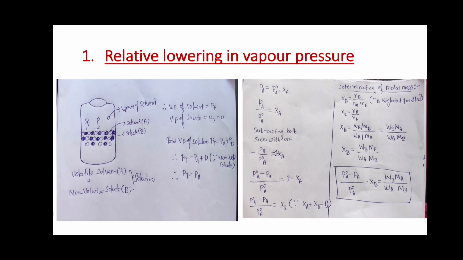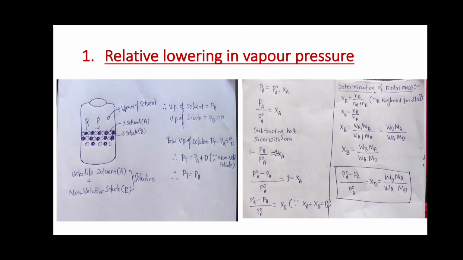Lowering in vapor pressure depends upon the non-volatile solute particles which we add. Adding non-volatile solute to the solution lowers the vapor pressure of the solution, because in a closed container with a volatile solvent and non-volatile solute, the surface vapor pressure depends upon the particles occupying the surface of the solution.